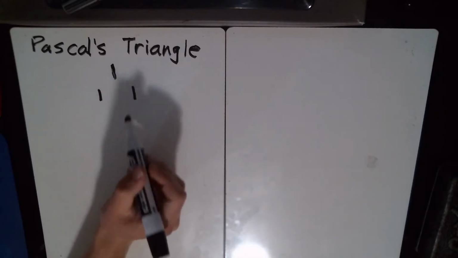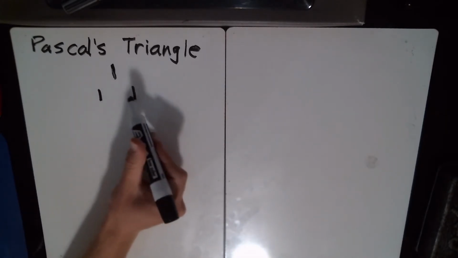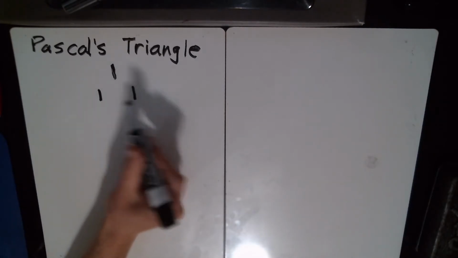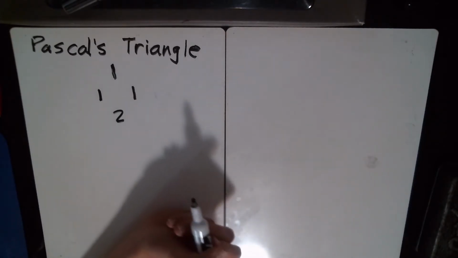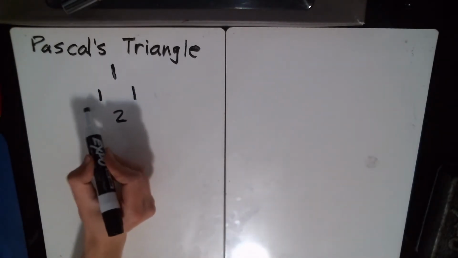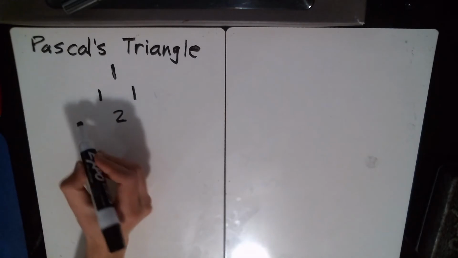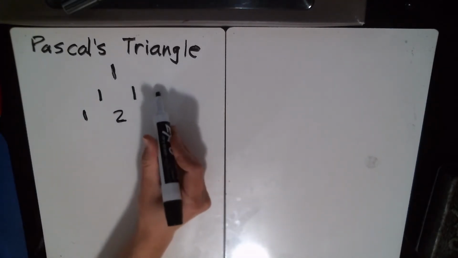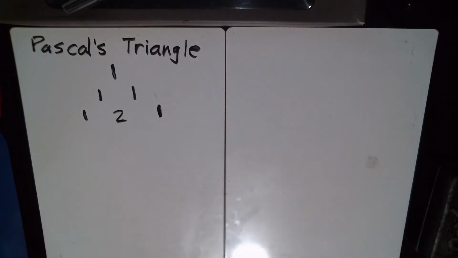So to get to the position in between these two on the next row, you just add these two 1s and you would get 2. So I would put a 2 there in between those two. If I add 1 and nothing is next to it, I would get a 1. And 1 plus nothing over here is also just 1.